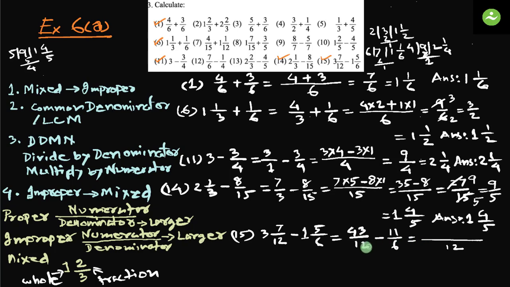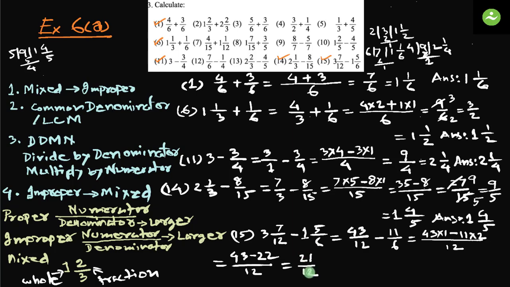43. Just divide by denominator, it is 1. So 43 into 1 means 43. 43 into 1 minus, divide by 6 is 2, so 11 into 2, equals 43 minus 22 over 12, equals 43 minus 22 is 21. 21 over 12.